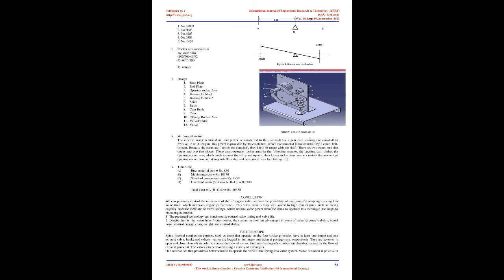There are 2 cams, one that opens and one that closes. These cams operate rocker arms in the following manner. The opening cam pushes the opening rocker arm, which tends to press the valve and open it. The closing rocker arm does not restrict the movement of the opening rocker arm, and it supports the valve and prevents it from free falling.